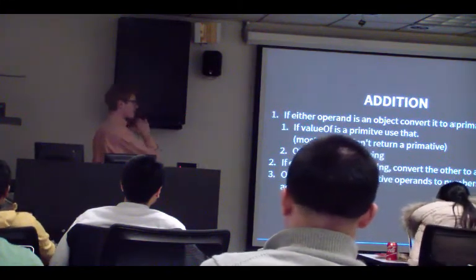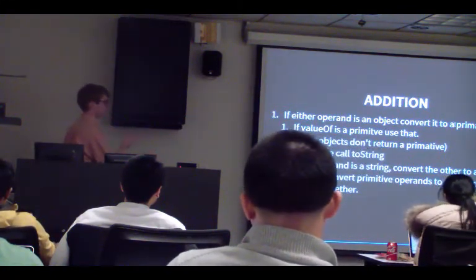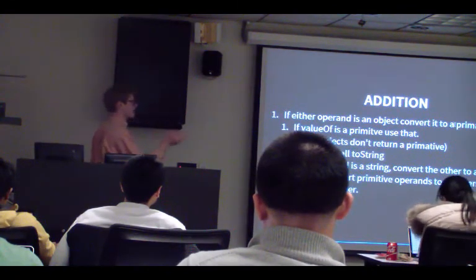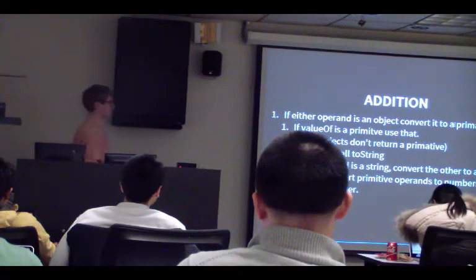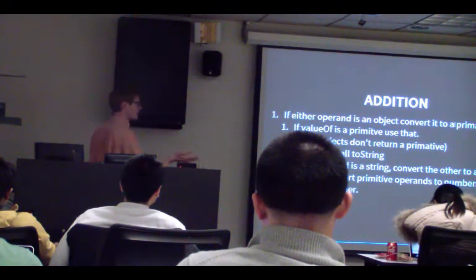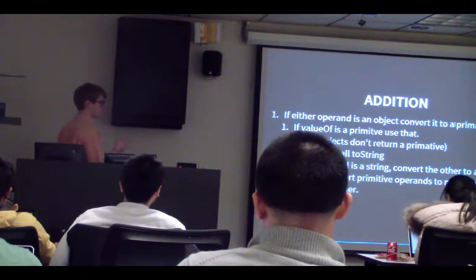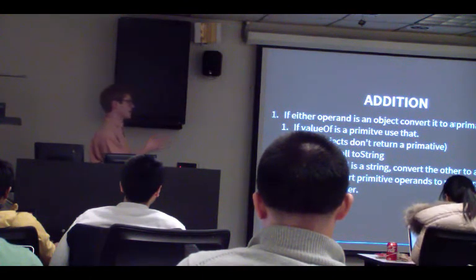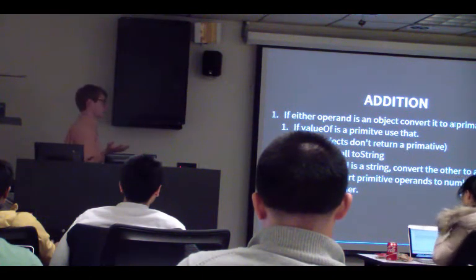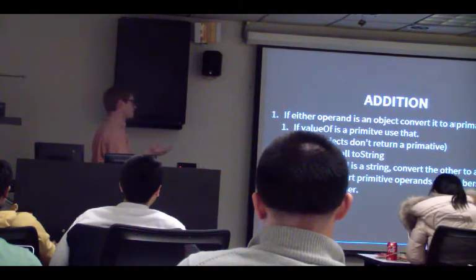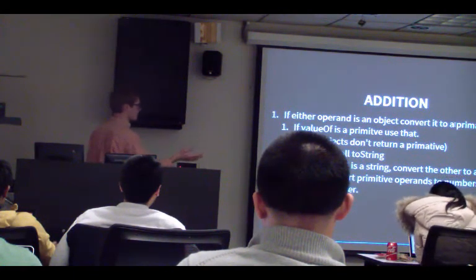We call valueOf on the object on the left to try and get a primitive. Most objects don't return a primitive, but if it does, then we get some primitive value and we continue. If it doesn't, then we call toString on it, and we get a string, which is a primitive, and then we can continue working. Then we do the same thing to the other operand.